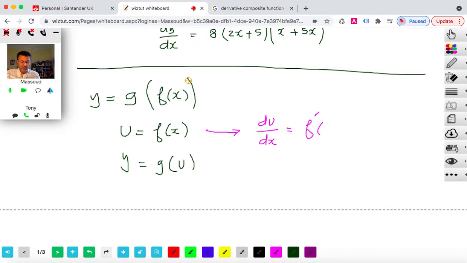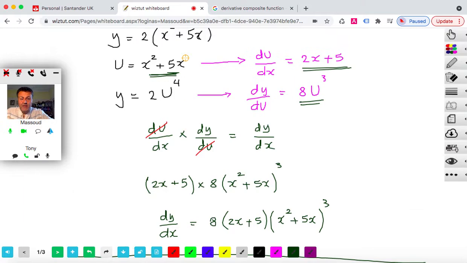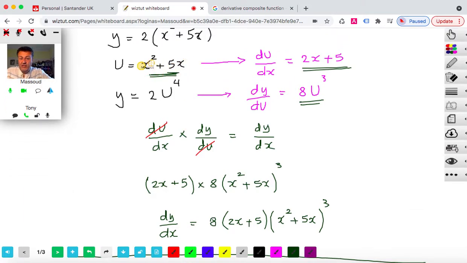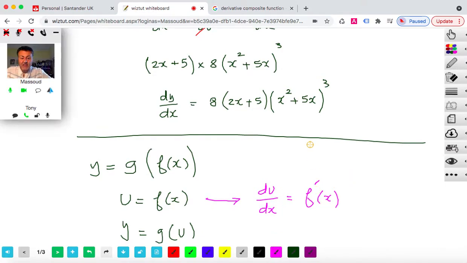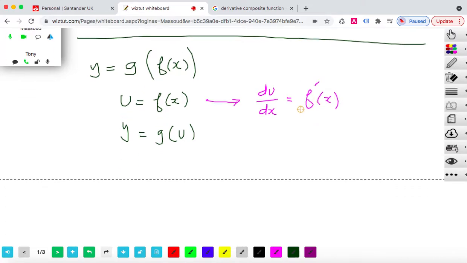The dash on top of f basically means the natural differentiation of an expression of x, which we did here. For example, here we just differentiated this expression written in x, and we got 2x plus 5. So f dash x basically is telling us that we are going to differentiate an expression of x, and that would be what we'll achieve eventually.